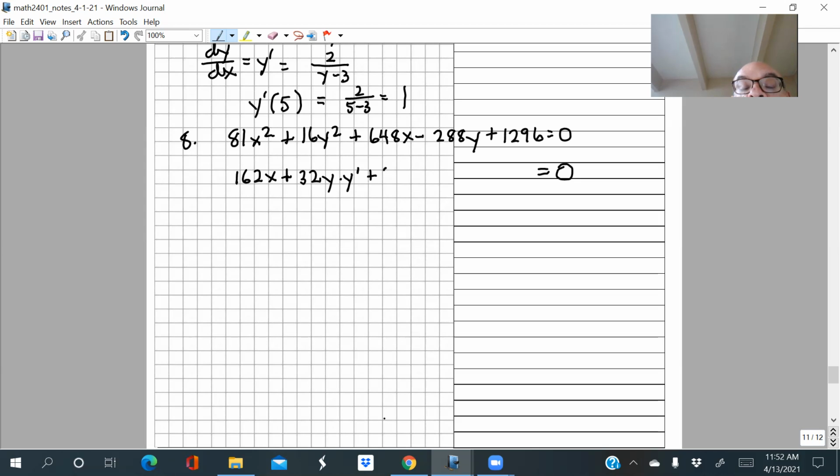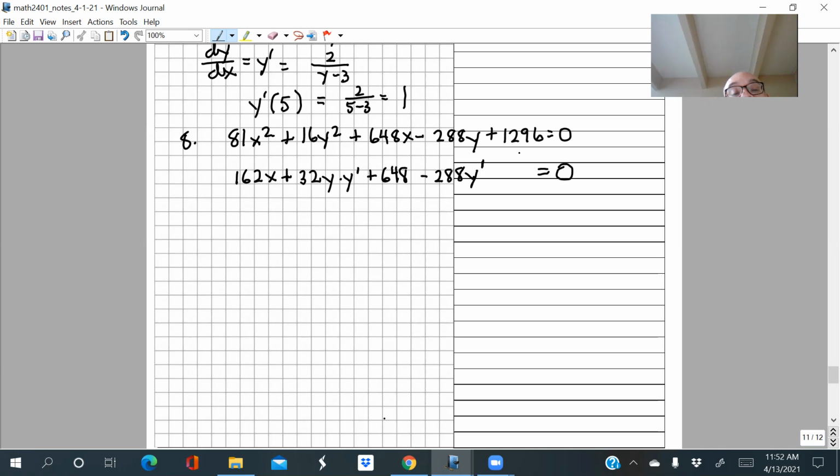That's just 648. What's the derivative of 288 times y? That's just 288 times the derivative of y, which we just have to call y prime because we don't know what y prime is yet. And then what's the derivative of 1296? That's a constant, so its derivative is 0.